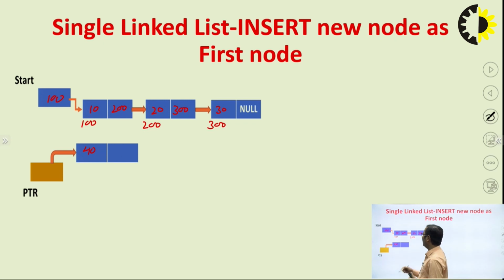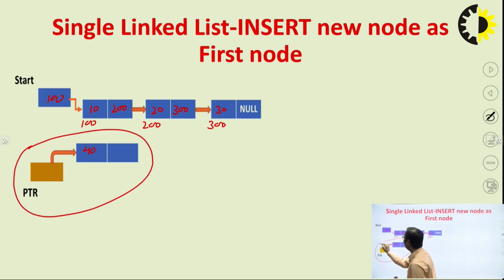So what we have to do? We have to allocate memory for that node and assign the address of that node in the pointer. So here ptr will contain the address of the new node, which has been allocated using the function malloc or calloc in C programming.